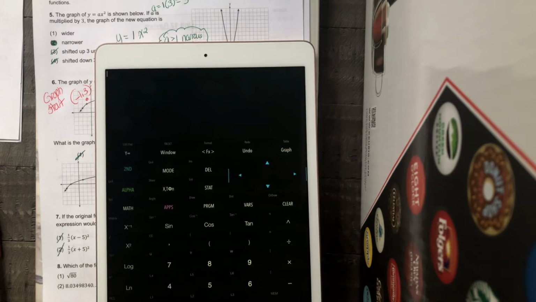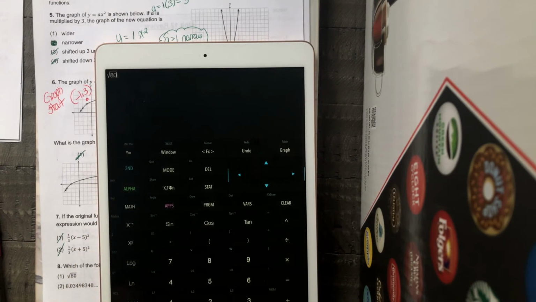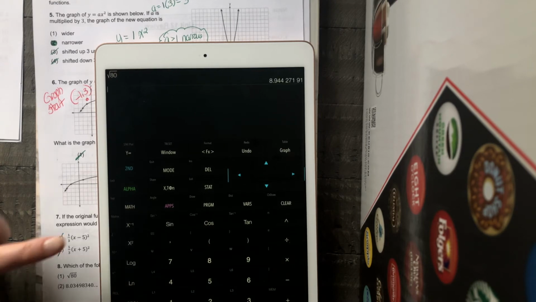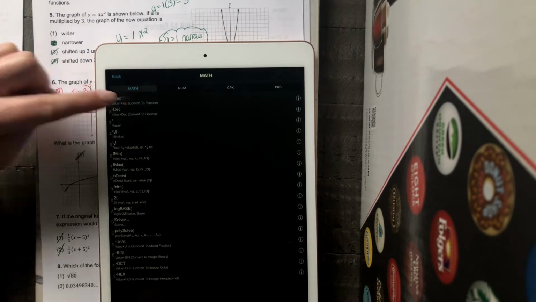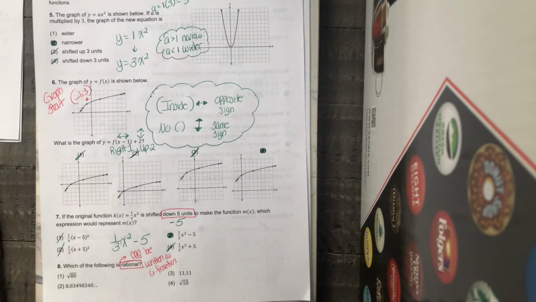So if I look at the first choice, which is the square root of 80, I'm just going to type that in, square root of 80, enter. So I get that decimal, but that's okay. I'm going to press math, fraction, enter. It cannot be written as a fraction, so I know choice 1 is not my answer.